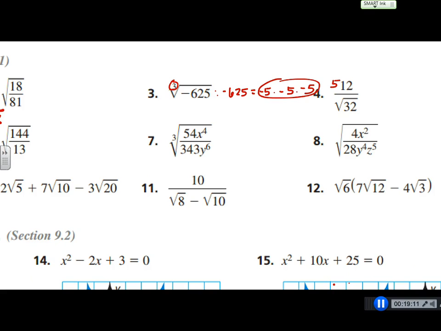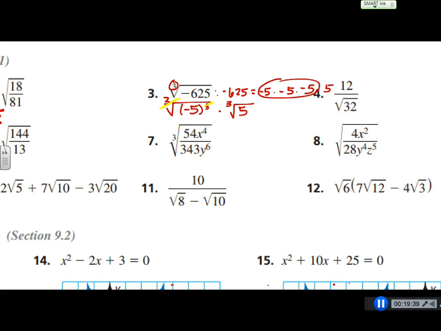So I'm going to split this up and make this the cubed root of negative 5 cubed times the cubed root of 5. I have a pair of 3, because that one little extra 5 didn't work in the set of 3, right? Now, the same way a square root and a square cancel, a cube root and a cube cancel also.